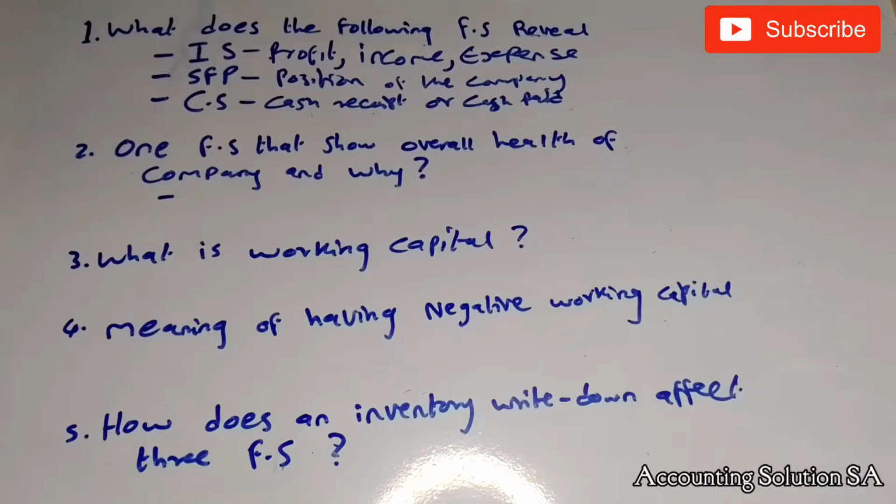So let's go to number two, the statement of financial position. Does this statement reveal the overall health of the company? No. Because when we deal with the statement of financial position, if you check your assets, we have receivables, we have debtors who took the inventory on credit.